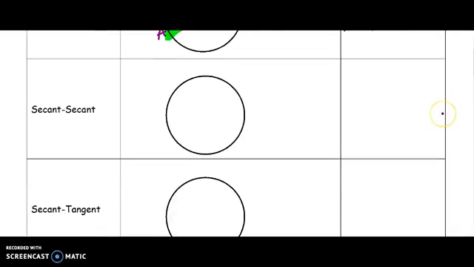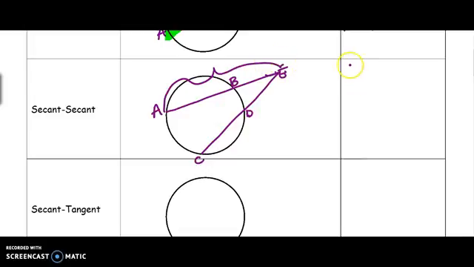The second one we're going to look at is secant, secant. So our two lines intersect the circle twice. So we have BE and CDE. For secant, secant, you take the measure of the whole, so AE, so however long that is, you would add the two pieces together, times the outside piece BE.